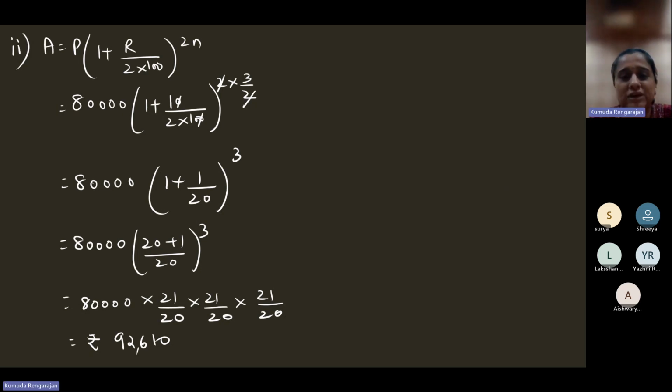When interest is given frequently, meaning less than a year, in 1 year, if you are given interest more than once, in the case of half yearly, quarterly, or every month, every 2 months, usually it is once a year.